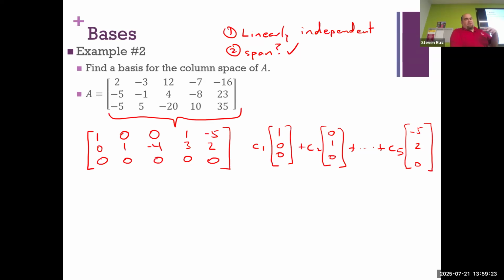But here's what's really nice about the fact that we've reduced this matrix. We know that we don't have linear independence, but we know which vectors we can scale back to and still have linear independence.